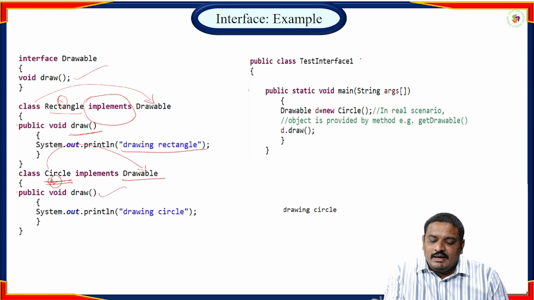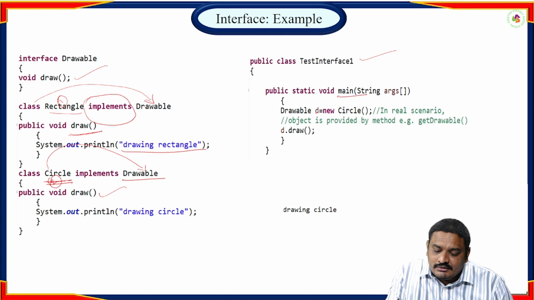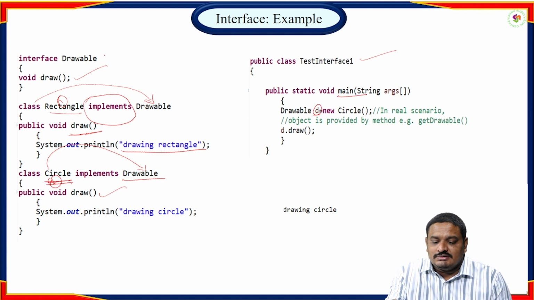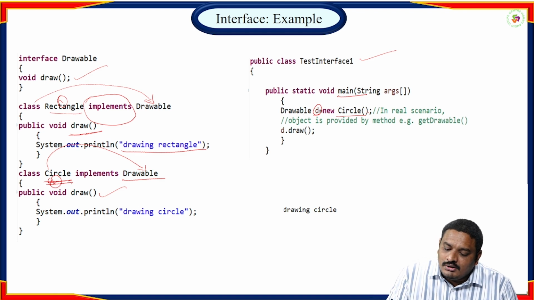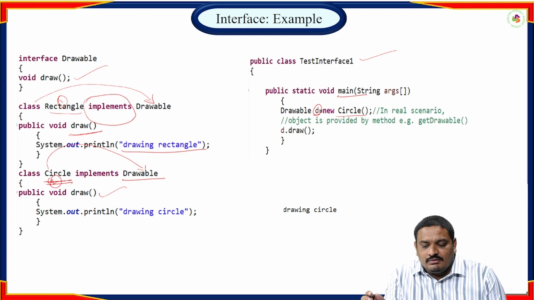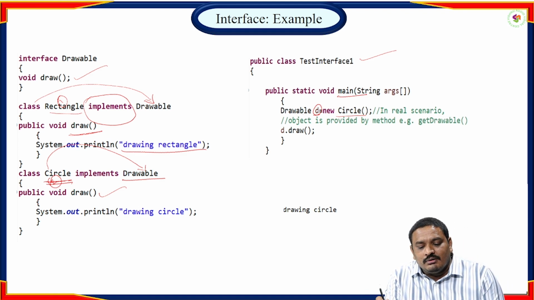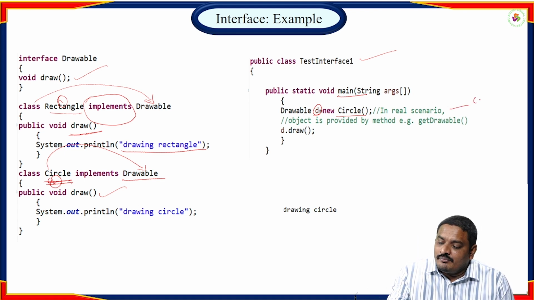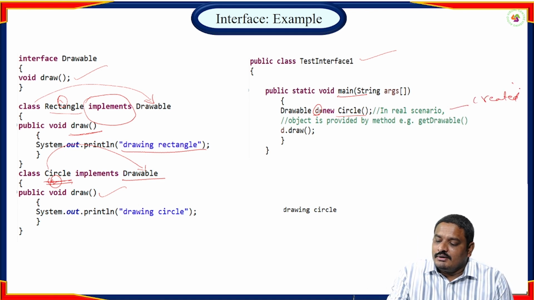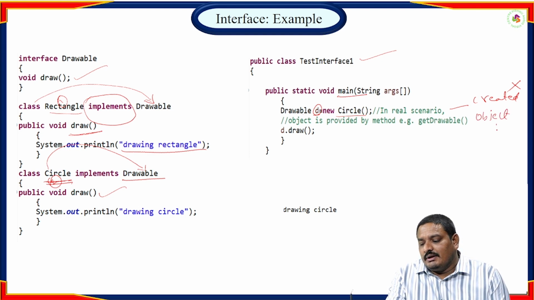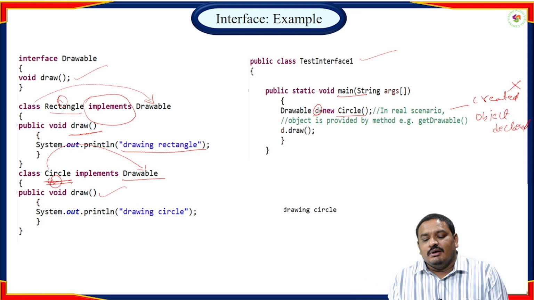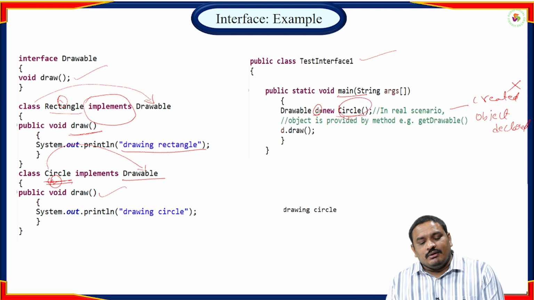Now coming to the main class, TestInterface, with the main method. Whenever creating the object for the interface: Drawable d equal to new Circle. Here, in this scenario, the object is provided by the method. We are not creating the object; the object is just declared using the particular class.